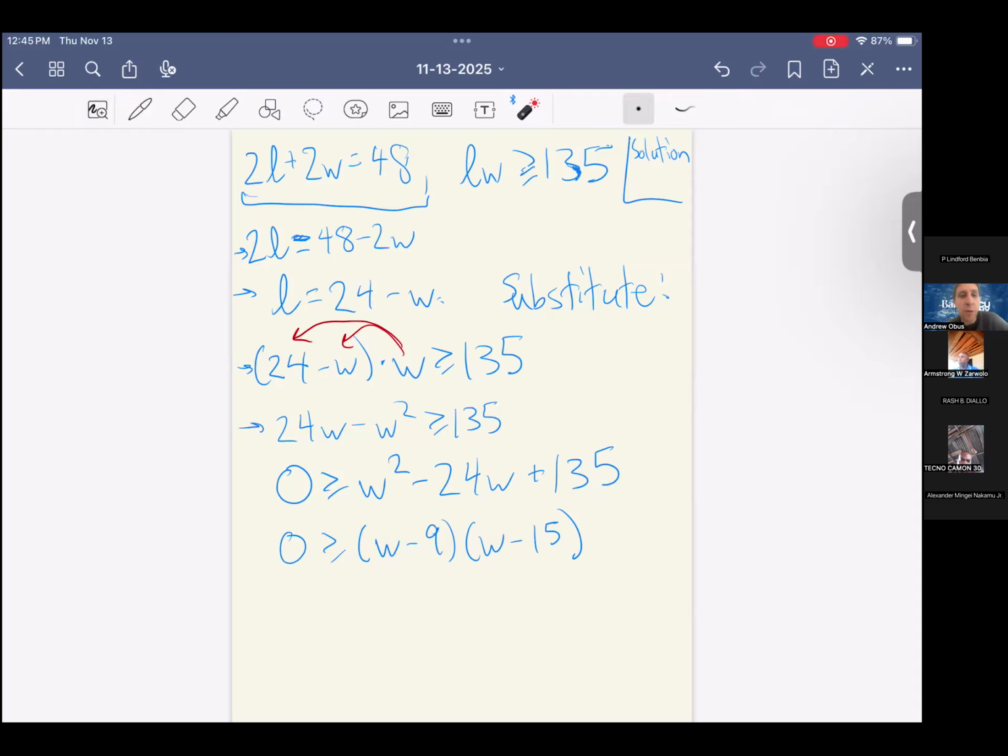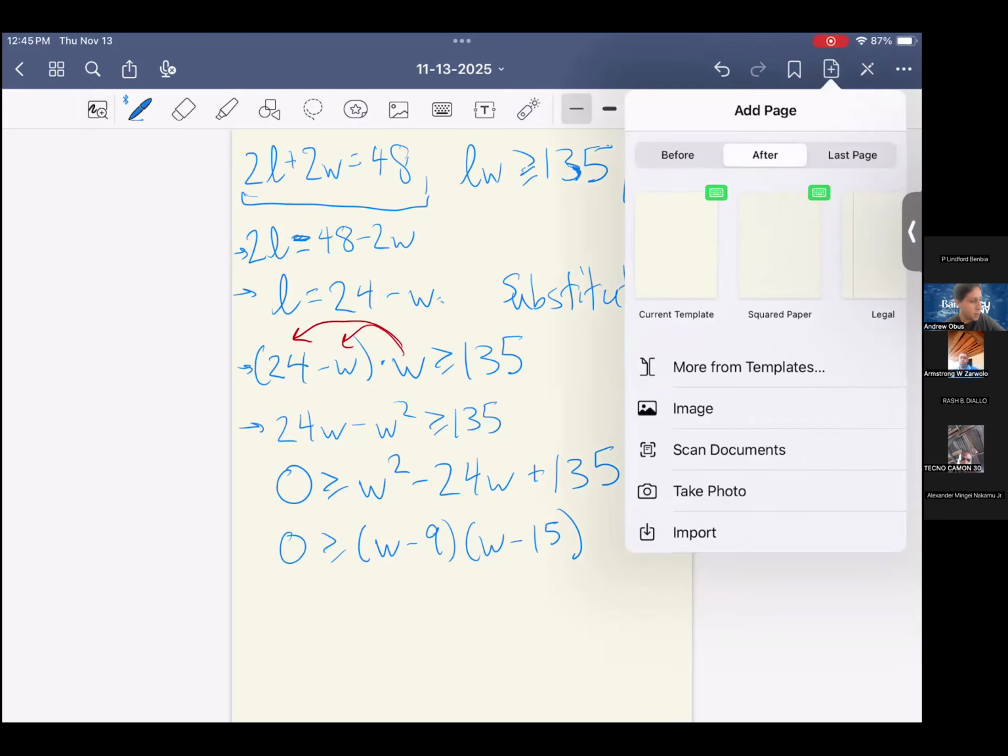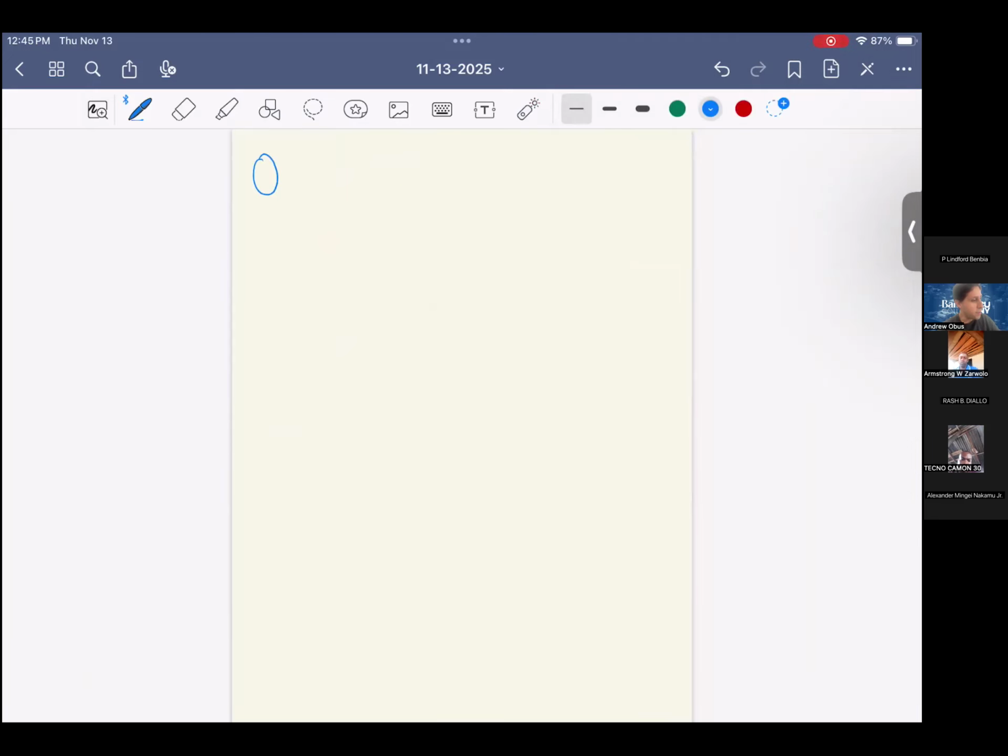But here we have an inequality. So the choice of possible W's is going to be in some kind of range. And so maybe I'm going to give this on a new page. So let me just copy this onto a new page. So here I have 0 is greater than or equal to W minus 9, W minus 15.